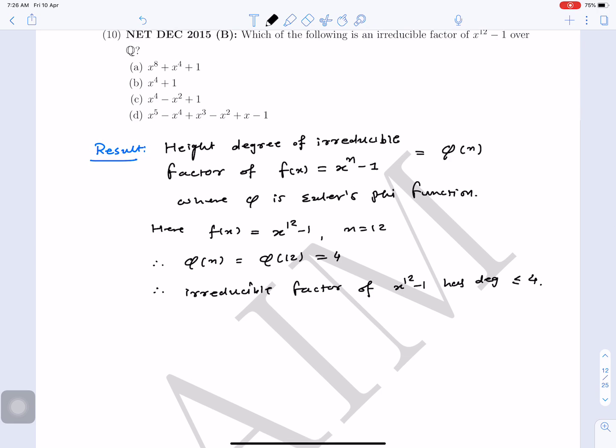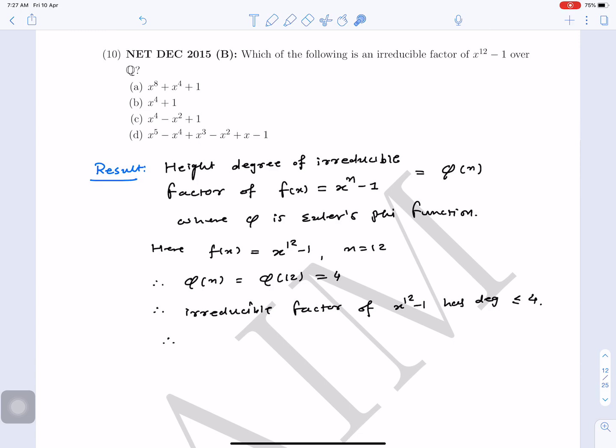By this, in options A and D the polynomials have degree 8 and 5, which is greater than 4. I don't know whether they are factors of x^12 - 1, and I will not check it. If they are factors, then they must be reducible by this result. So option A is wrong, and option D is also wrong.